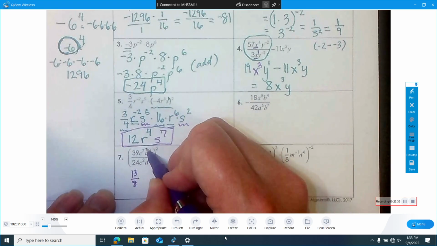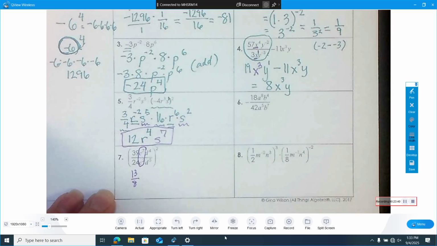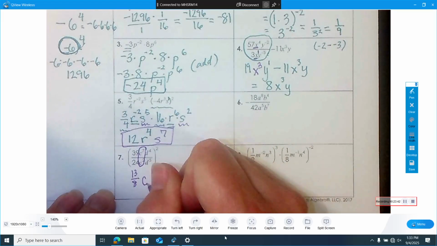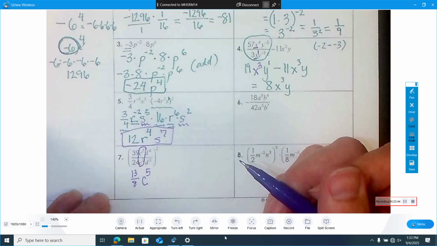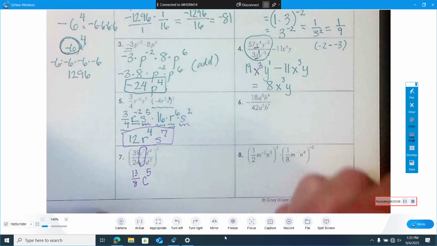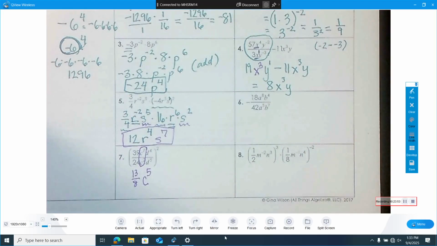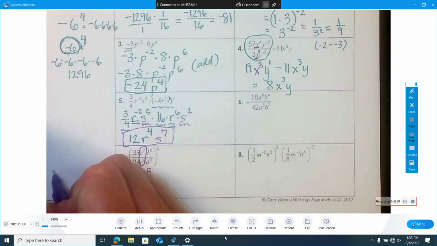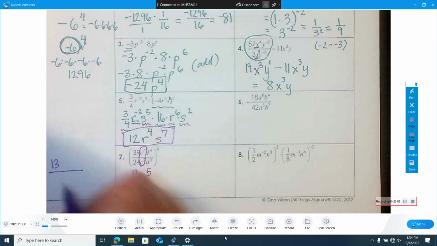C to the 7th divided by c squared becomes what? C to the 5th on the top or bottom? It should be up top, yeah. Is that how I wrote it okay? It is okay, so I could have stuck to a fraction, 13 over 8.